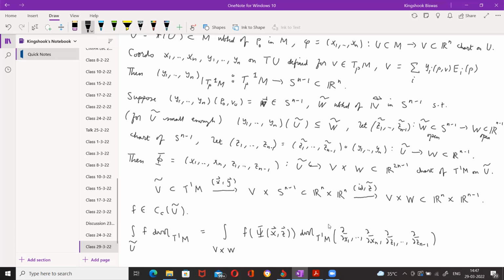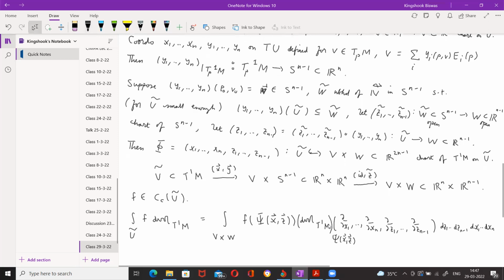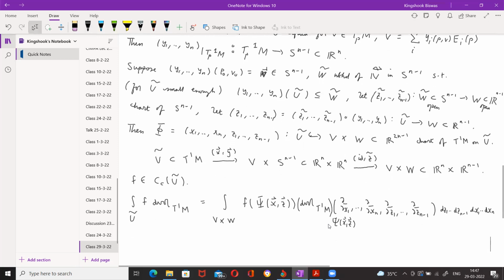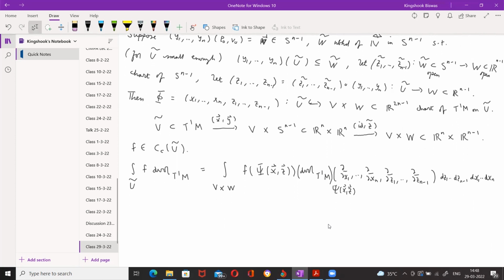So this at the point capital psi of xz, dz1 ... dz(n-1) dx1 ... dxn. Is this okay? Yes. Now where capital psi equals capital phi inverse.